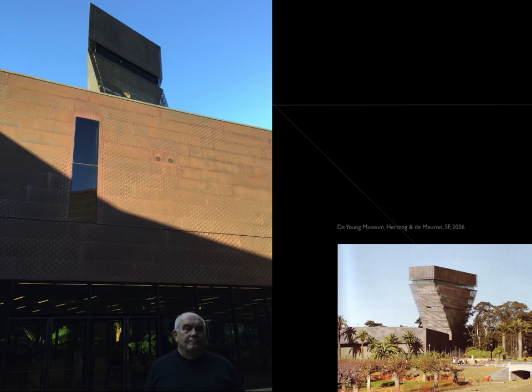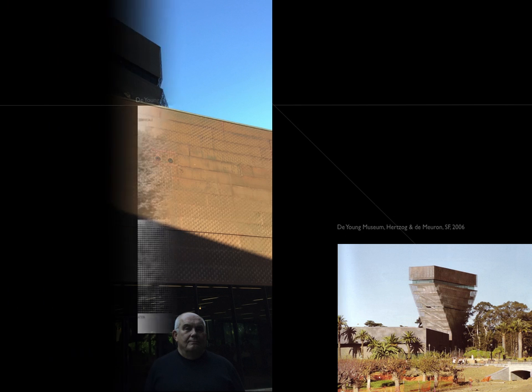You see the curtain of perforated steel sheets which wrap the whole project and control the light, and there was also an algorithmic procedure used to govern the perforation and govern the pixelation of those panels.